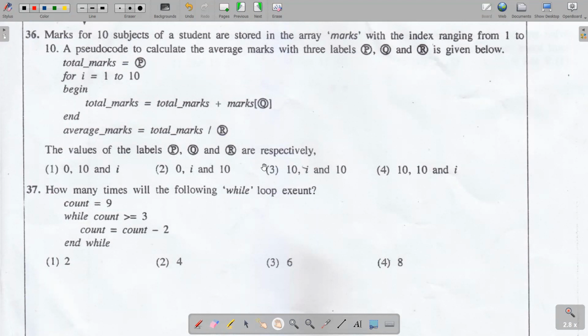So we are going to add up the marks for 10 subjects and compute the average as well. In the beginning, the total marks is 0. Then they say for I equals 1 to 10. I equals 1 to 10 means I's initial value is 1, then it will be increased up to 10.